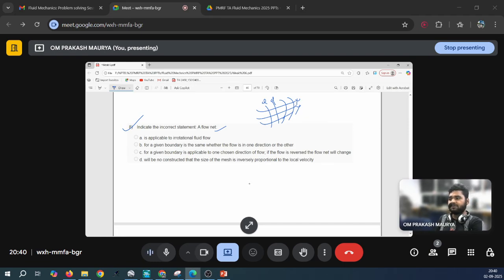So these are the 4 options. The question asks for the incorrect option, so you have to think about which option should be correct for question number 8.